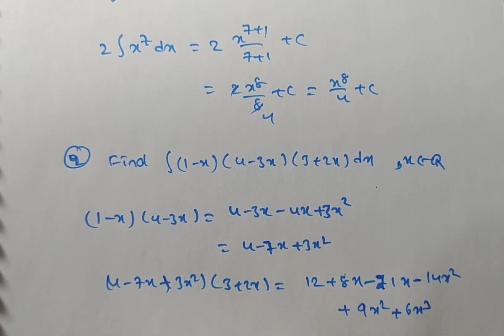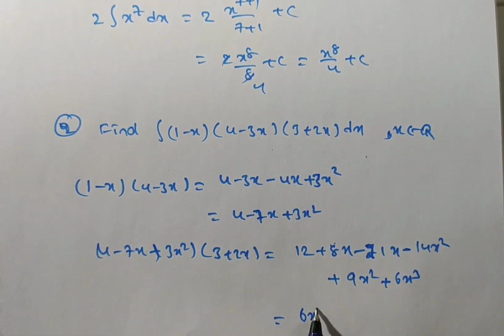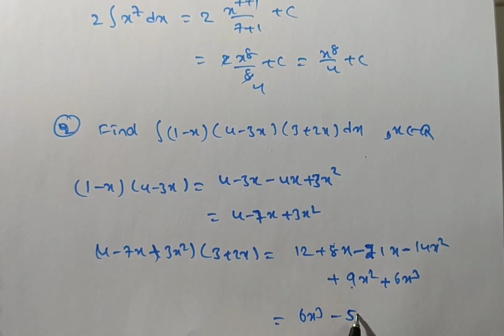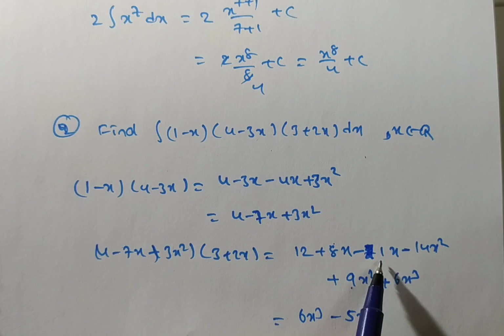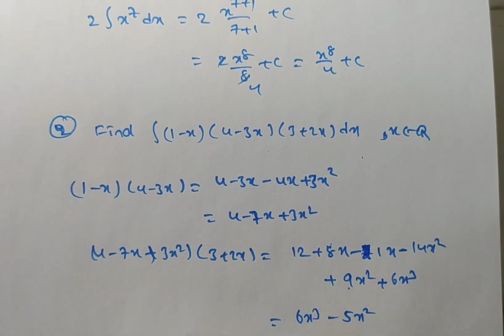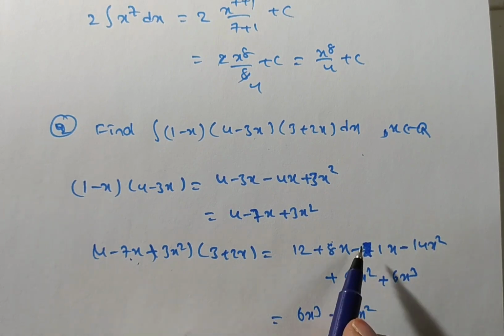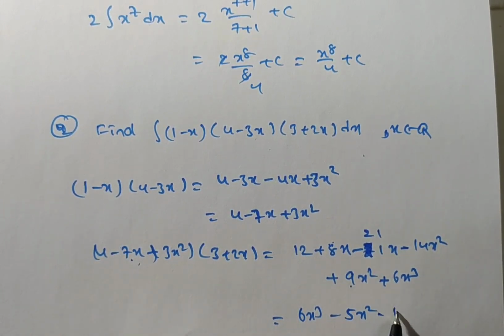If we simplify this, then the highest degree term we take first, 6x cube. Next, x square terms are 9x square minus 14x square, nothing but minus 5x square. Next, x terms: 7x into 3 is 21x, minus 21x plus 8x, so minus 13x.